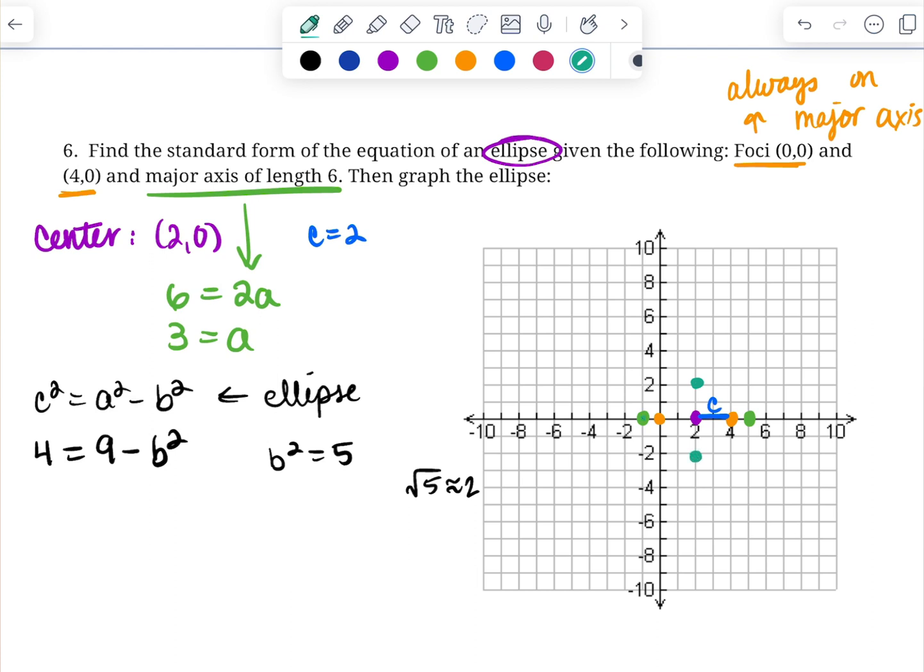So then our ellipse is going to look something like this. And then our equation would be x minus 2 squared over 9, and then y squared, you don't necessarily need the parentheses, over 5 equals 1.